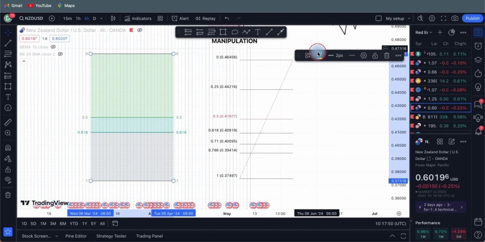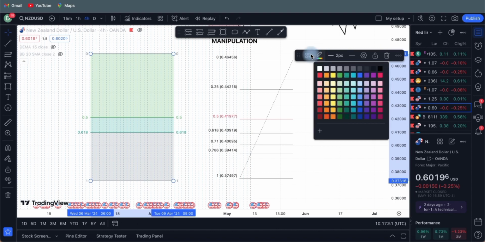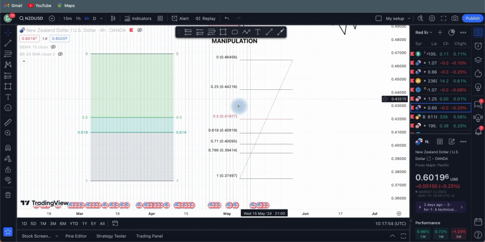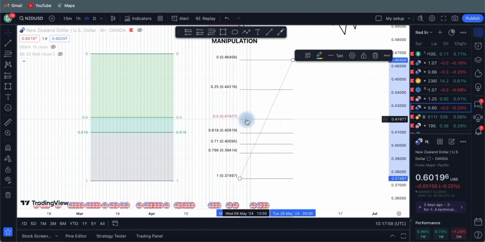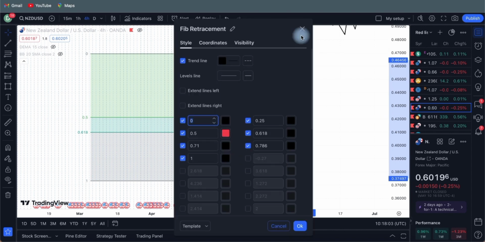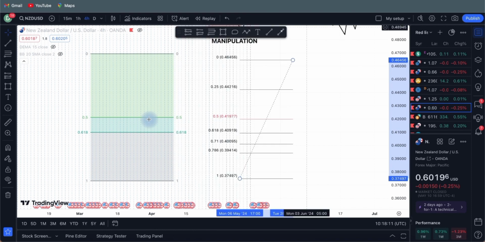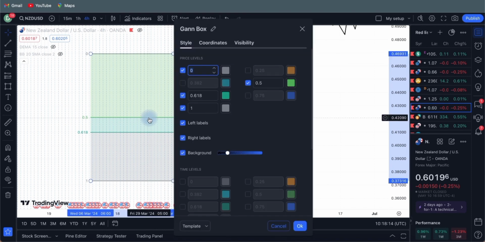Over here you can change color, you can do whatever you want. When you double tap on your fib tool as well, you can change whatever settings. Just copy the settings that I use on my fib retracement tool, and you can also copy the settings on my Gann box as well.